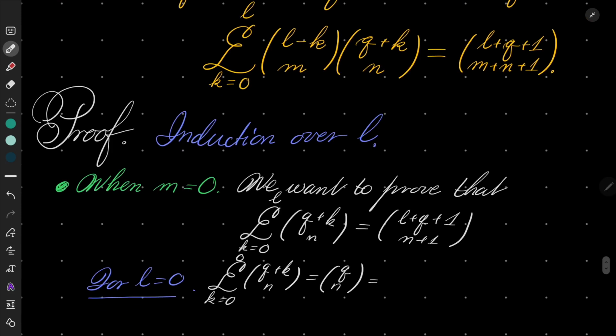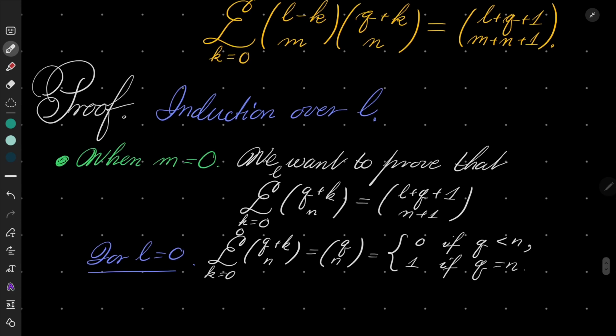So this symbol is either 0 if q is less than n, and it's 1 if q equals n. What is the right hand side?